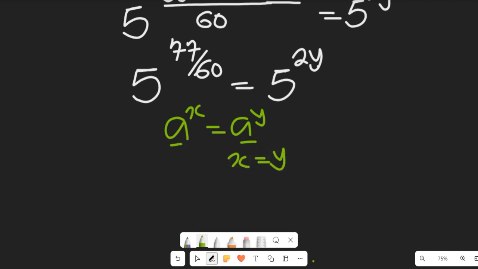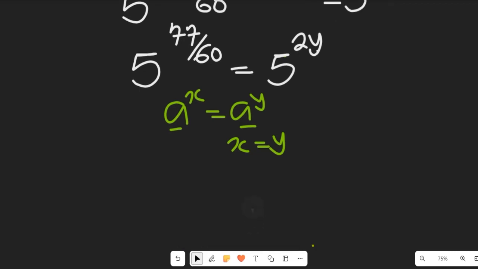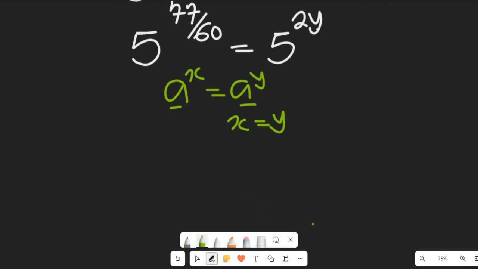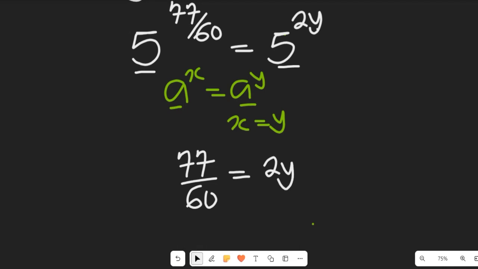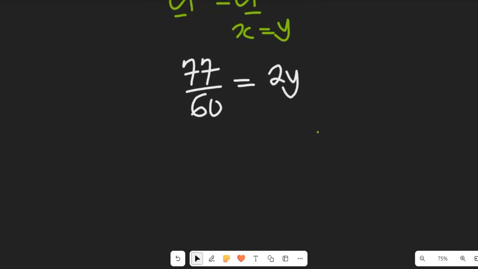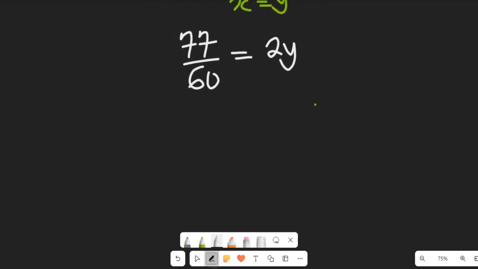We'll equate the exponents. Considering the same base, we can now say that 77 divided by 60 is equal to 2y. With this, we can easily find the value of y.